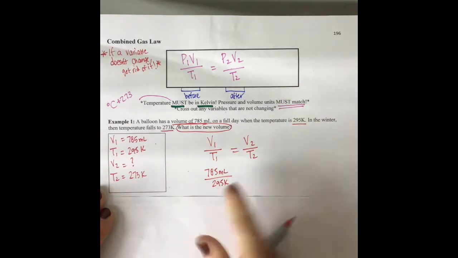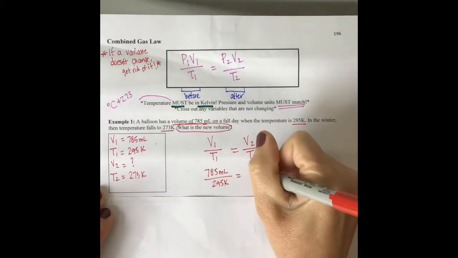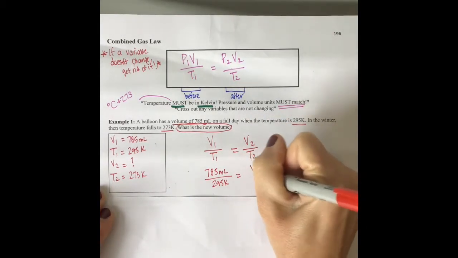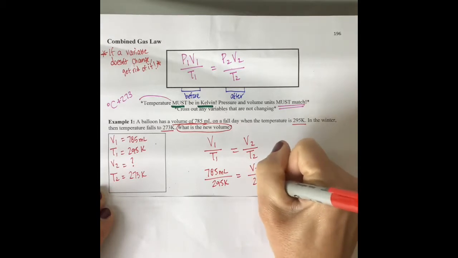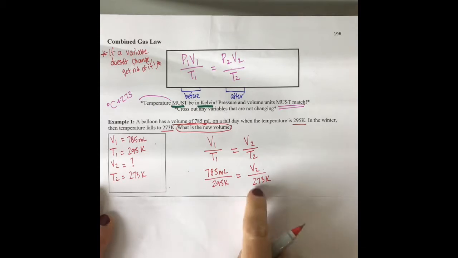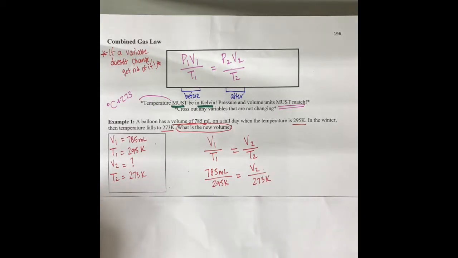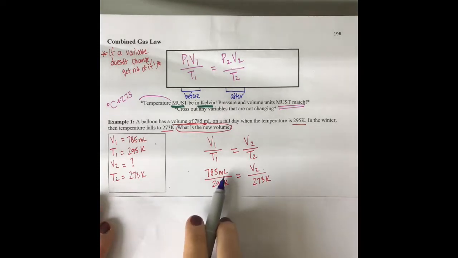I didn't have to mess with the temperatures because this first problem put them in Kelvin, so that was kind of nice. But if they wouldn't have been in Kelvin, you would have needed to switch those beforehand. So this is what my equation looks like. I'm solving for V2. Now let's do a quick review of how we solve a problem like this.